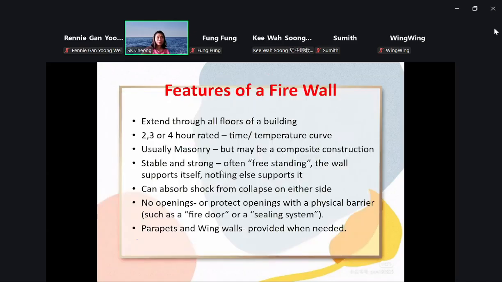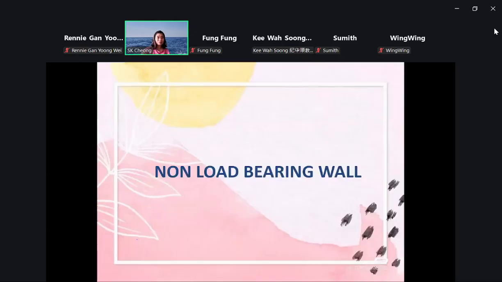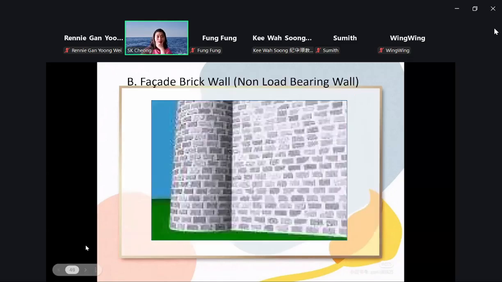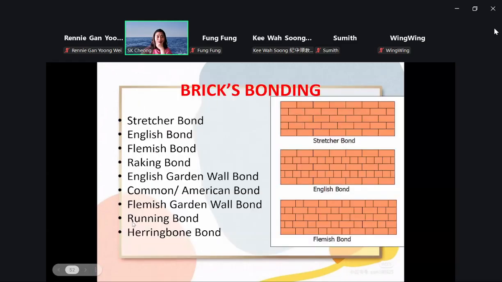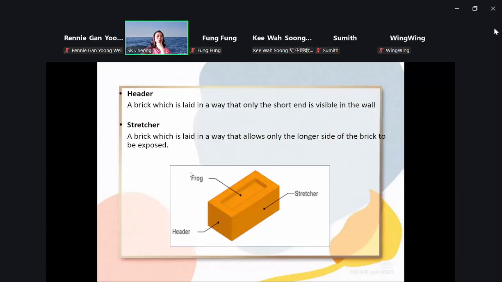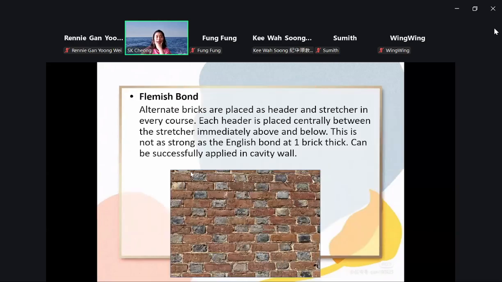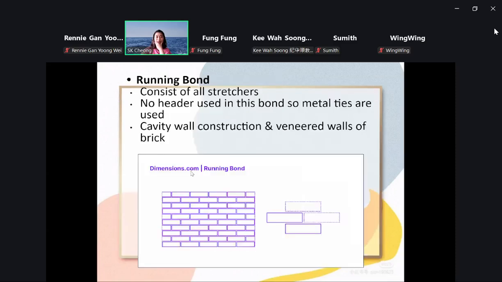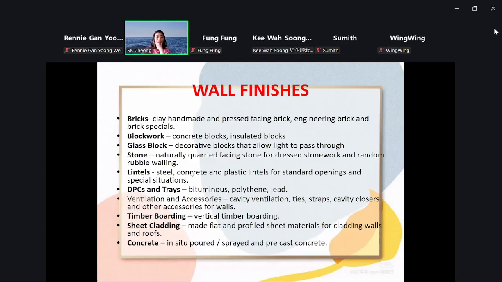For the bearing wall, the keyword to differentiate these two is that it only carries its own load. Bond. Brick bonding you guys have done in BC1, so I will not repeat it in this exam. Wall finishes, again, we know about that.